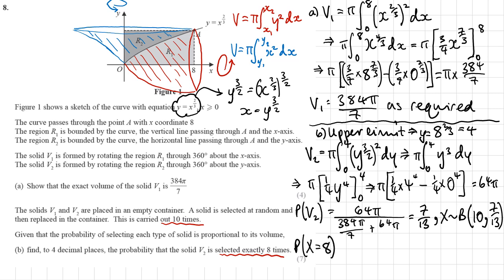So this can be done on my calculator, and I'll get 0.0677743, and it carries on. We'll give that to 4 decimal places, so that'd be 0.0677. So that will be the probability that I pick volume number 2 exactly 8 times if I have 10 trials.